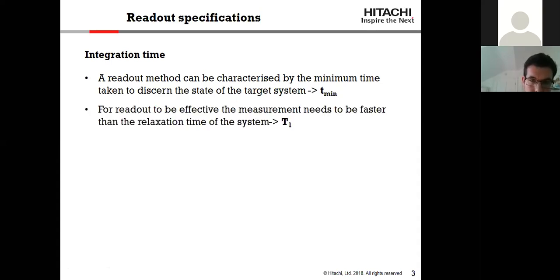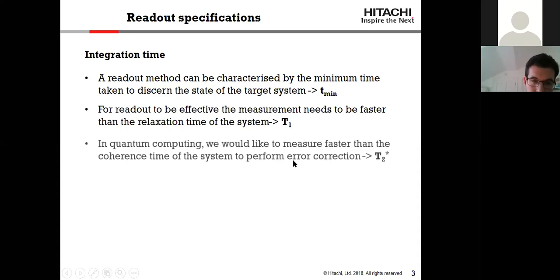And that T-min, you want it to be faster than at least the relaxation time of your system if you want to be able to discern between the two classical outputs of your quantum bit system. But for error correction protocols in quantum computing, you would like your T-min to be faster than the coherence time of the system, such that it will allow you to perform error correction.